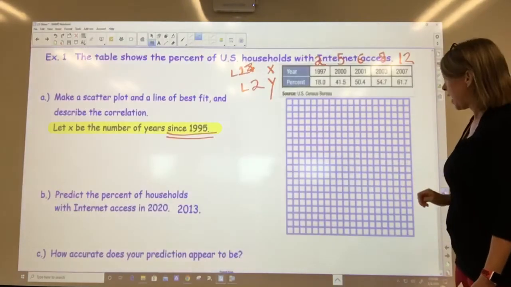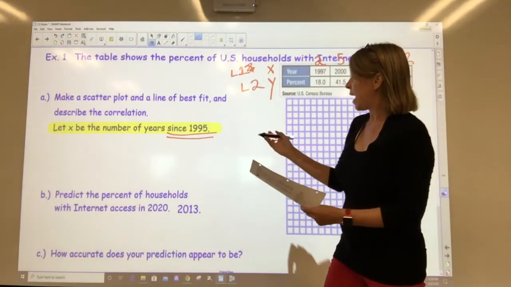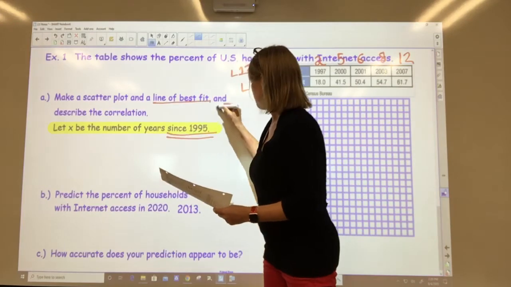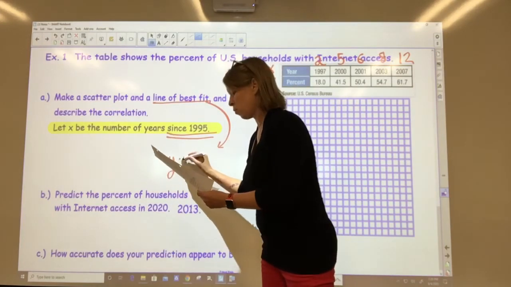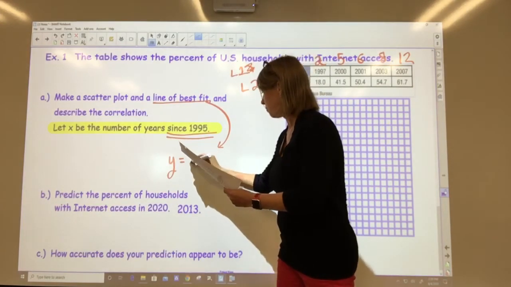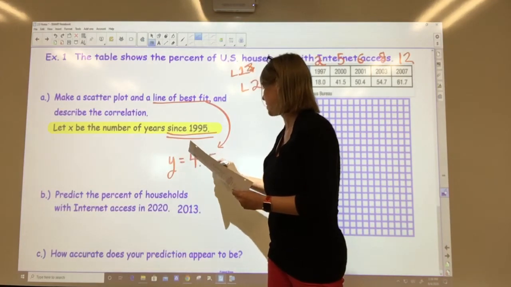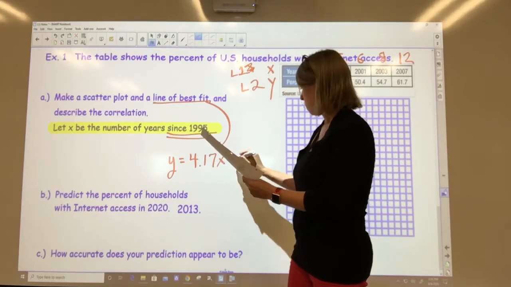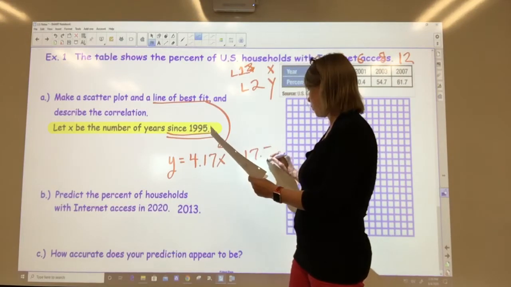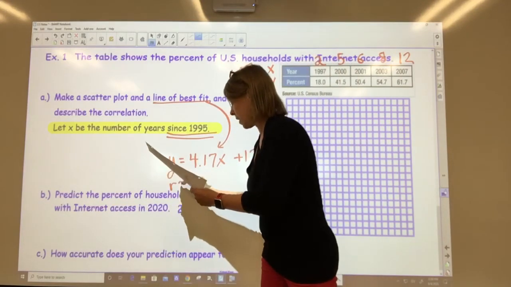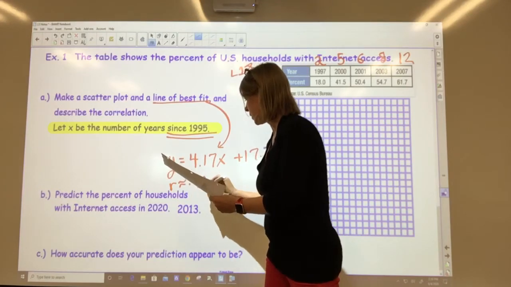So on your paper, what you would write down for the line of best fit is y equals 4.17x plus 17.72, and then write down that the r value was 0.92.